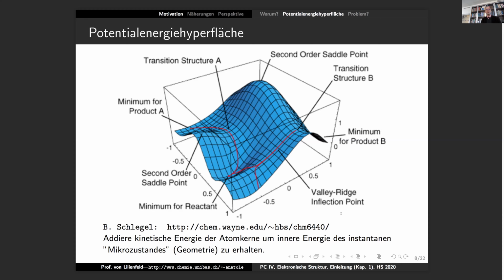Now you can plot the surface, and then you will encounter minima. These are geometries where you have binding. And you will encounter saddle points, transition structures, of first order or second order saddle points. You might encounter another minimum. And you see, this is the total potential energy surface. Now, that is an integral part of the enthalpy, and you can also use it to calculate the entropy by Boltzmann's formula.